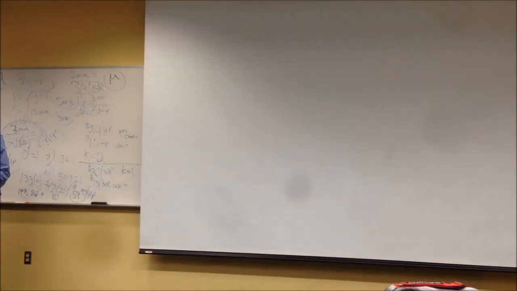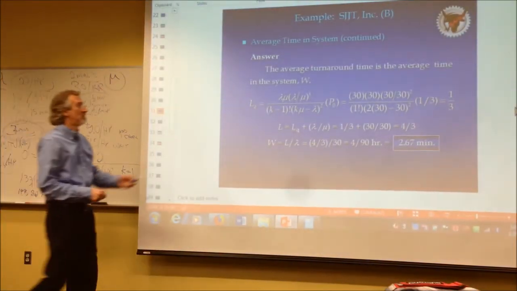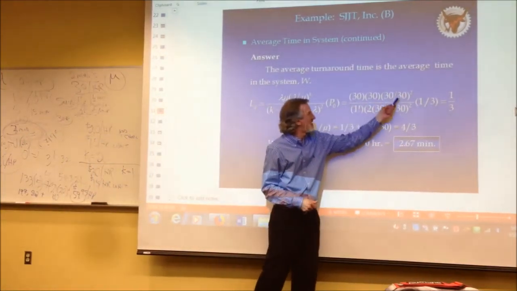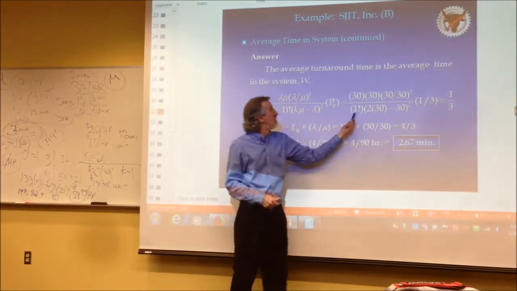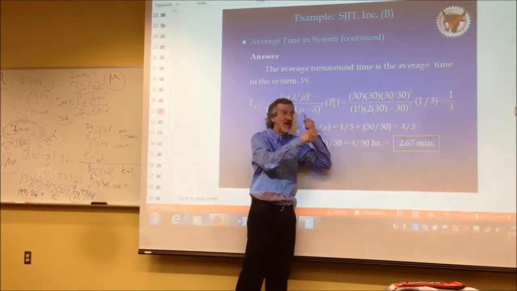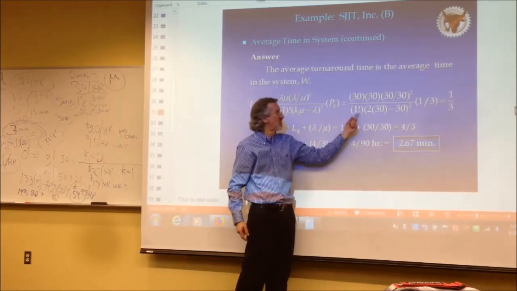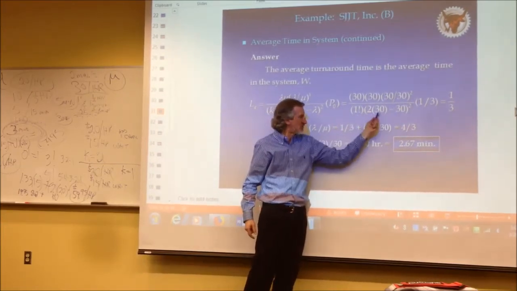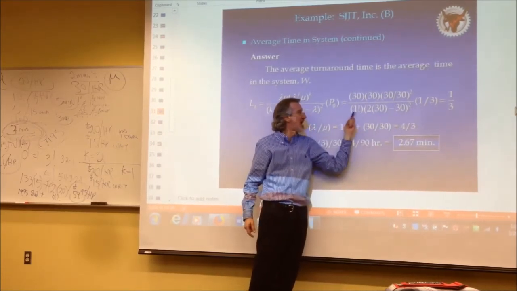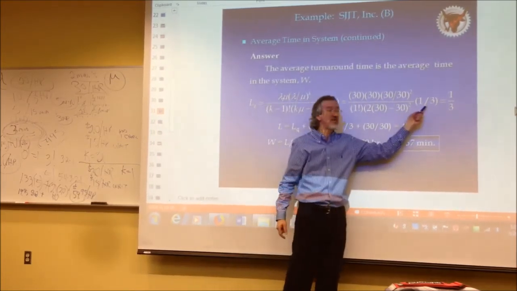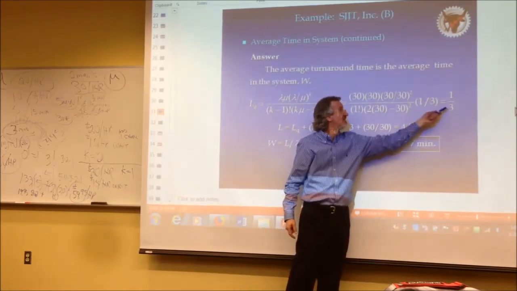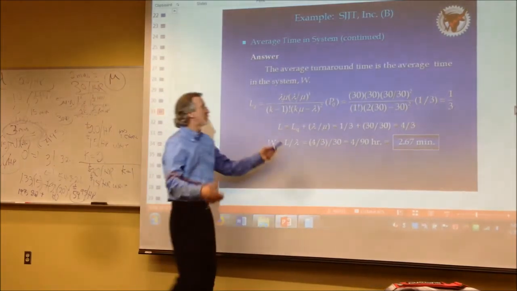So we calculate that. L sub Q we start with 30 arrival, 30 service, squared, times 1 factorial because there's 2 taking the calls now, minus 1 makes 1 factorial. Over 2 times 30 minus 30, squared. Take the whole thing, multiply it by the probability of no orders in the system, 0.3333, and you end up getting 0.3333.